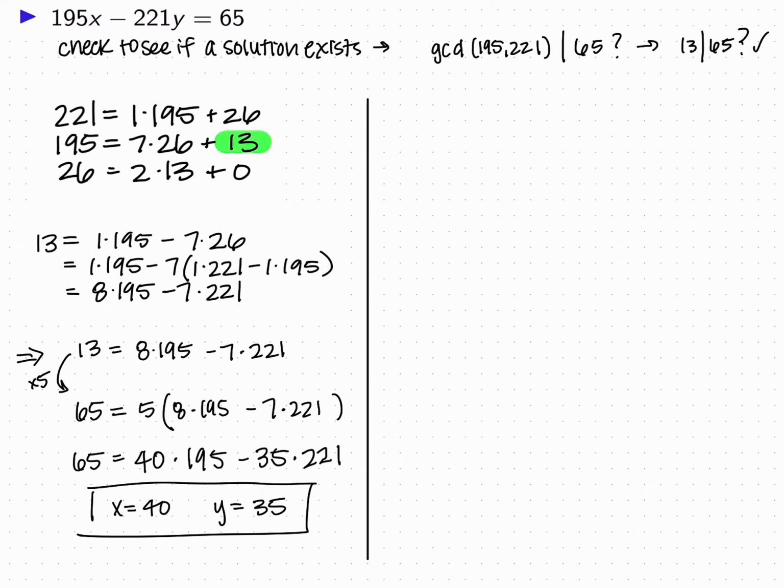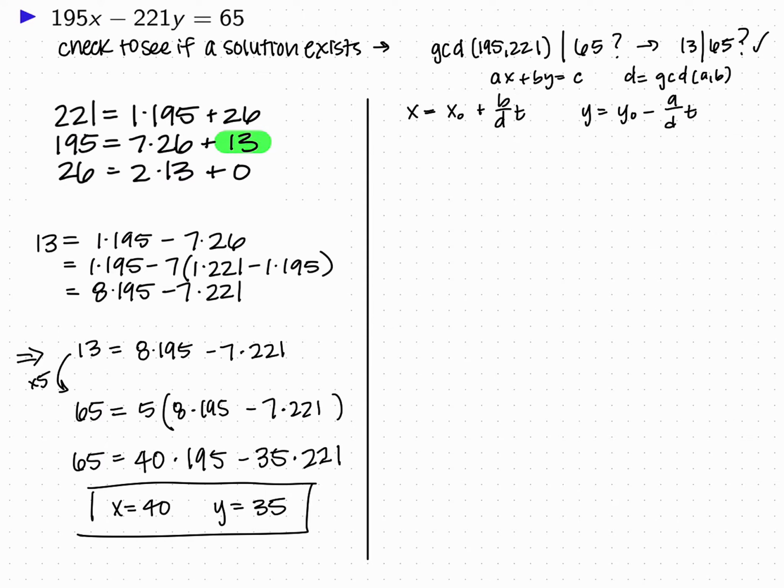So let's write that down. x is x naught plus b over d times t. And your y is y naught minus a over d times t. This is where you are looking at ax plus by equals c, and d is the GCD of a and b. We'll write that down too.